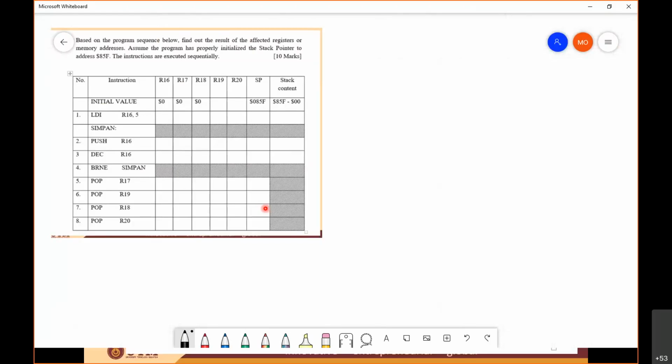And then the first line here, what you're going to do is a load I R16 5. So what happens here, you're going to put 5 into your R16.